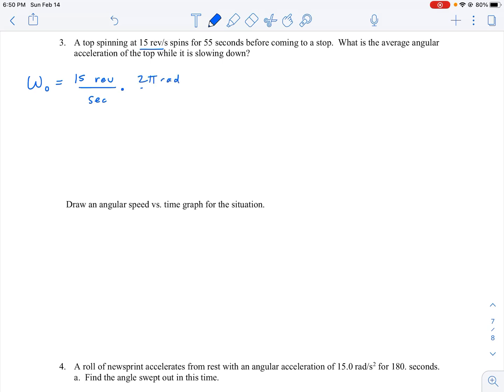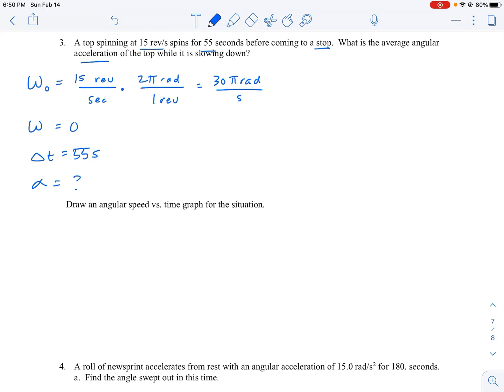There are 2 pi radians in 1 revolution, so this would be 30 pi radians per second. It's coming to a stop, so the final velocity is 0. The time is 55 seconds, and we want the angular acceleration, so we want alpha.